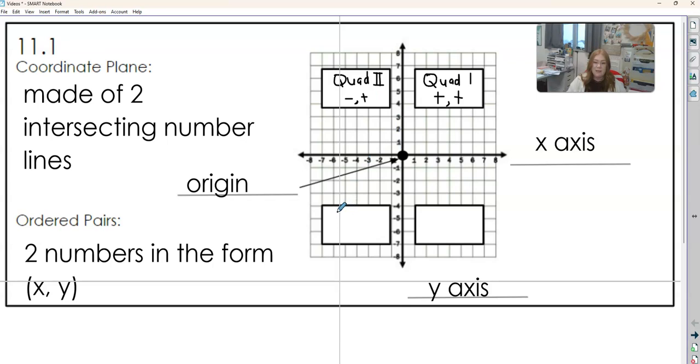So we keep going down. Now we get to quadrant 3, and it's just made up of three lines, 1, 2, 3. To get to that, we go negative, and then we go down, which is also negative. So quadrant 3 is made up of negative numbers.